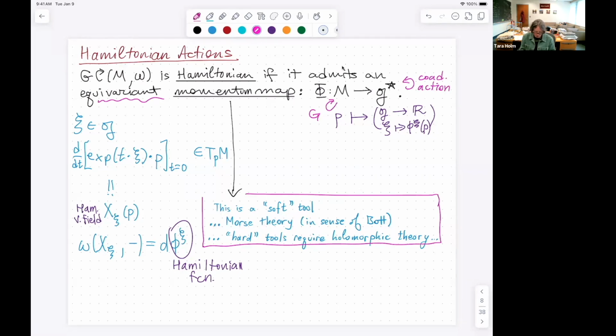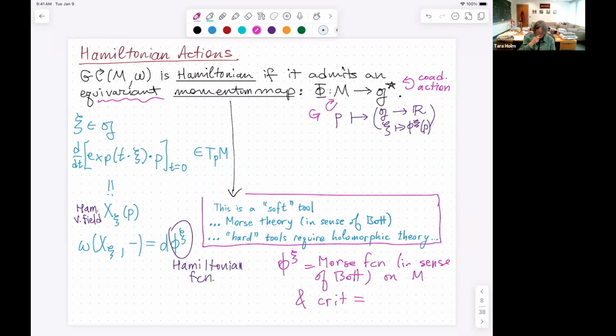These component functions, these Hamiltonian functions, this is a Morse function on M in the sense of Bott. So meaning that it might have critical submanifolds, not just isolated critical points. And you have a bit of control over the critical set.